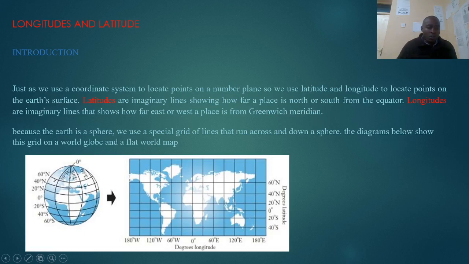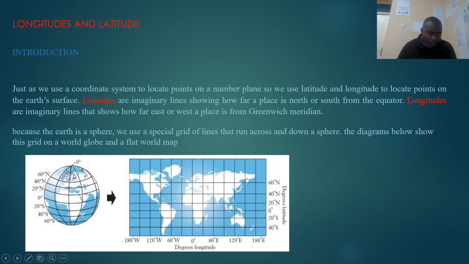Now, you can see these that run across from the east to the west. These are the latitudes. And these that run vertically, they are the longitudes.